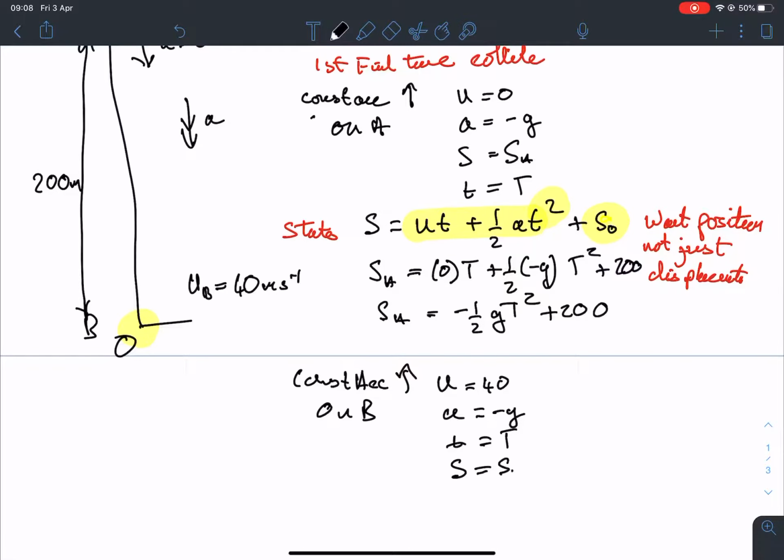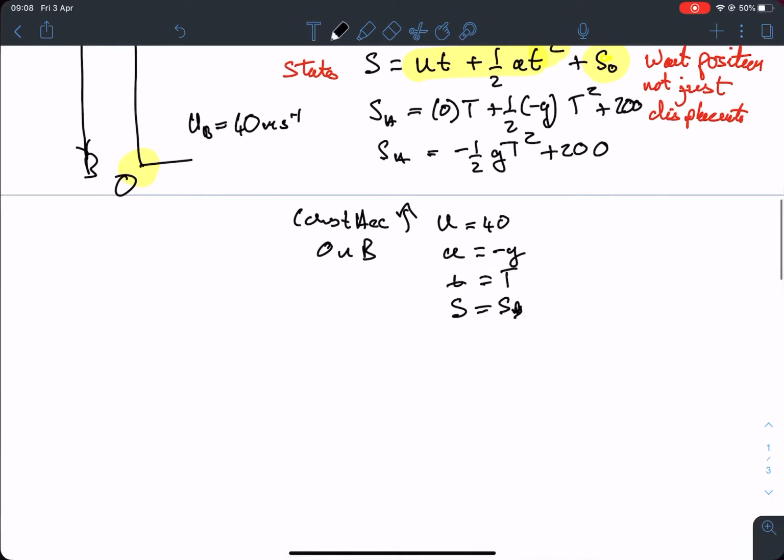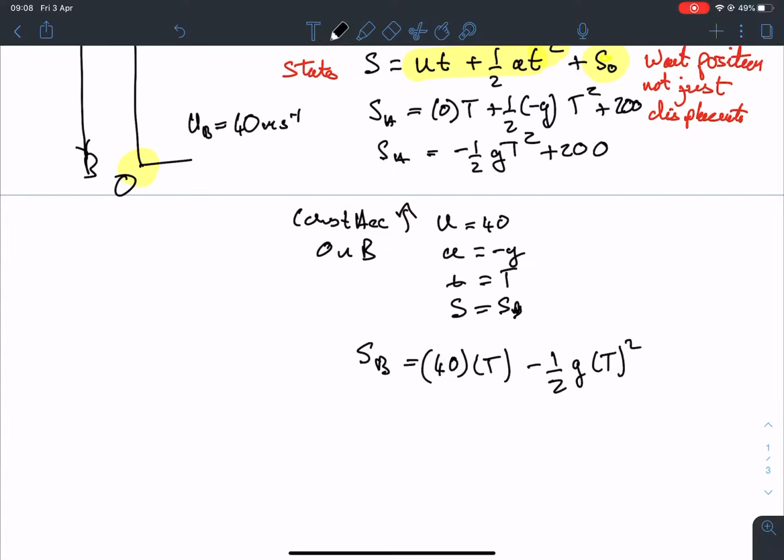So we get its current position of A is equal to 0t plus a half negative g t squared plus its starting position, which was 200 relative to our origin down here. So sA equals minus a half g t squared plus 200.